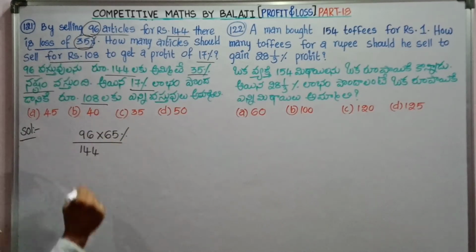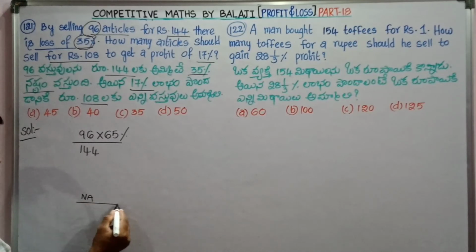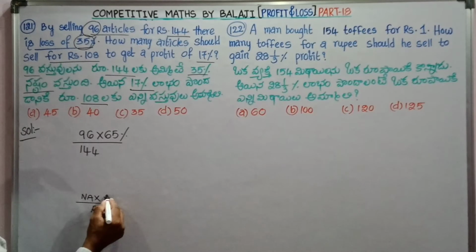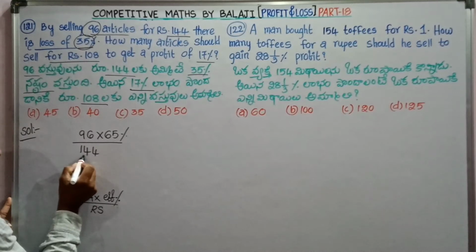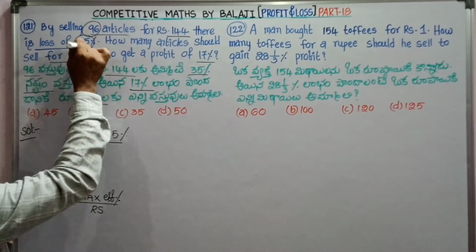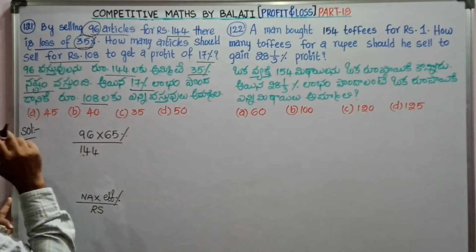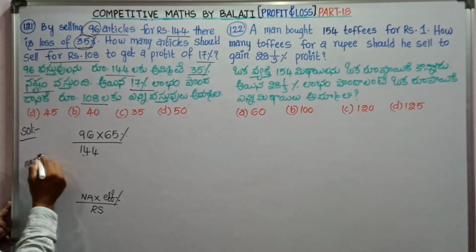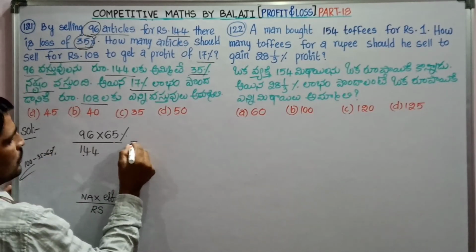We know that number of articles over rupees, that is investment, into effective percent. 96 articles are sold for rupees 144, and they get a 35% loss. That is, the investment is only 65%, 100 minus 35, which is 65%.